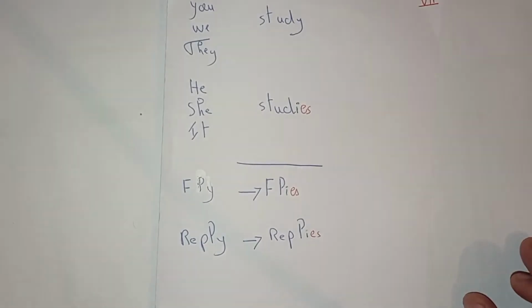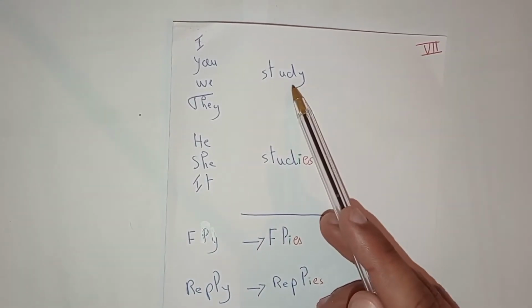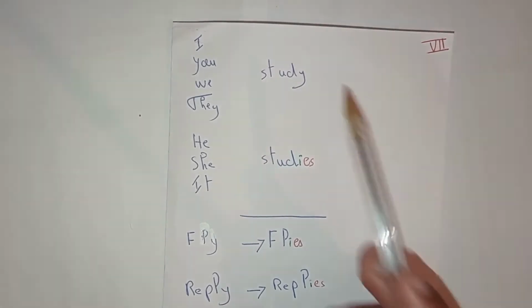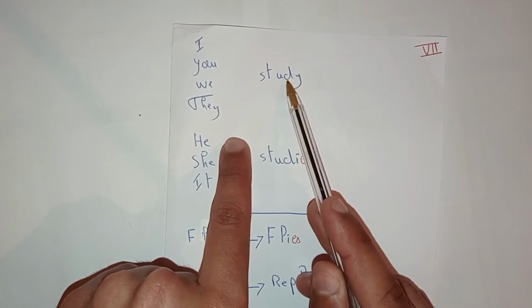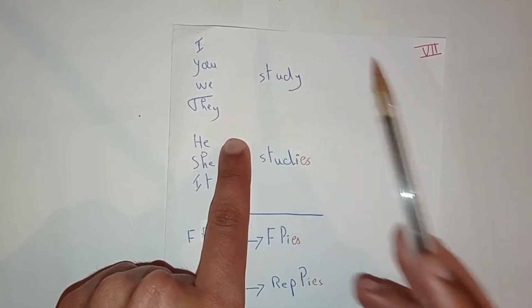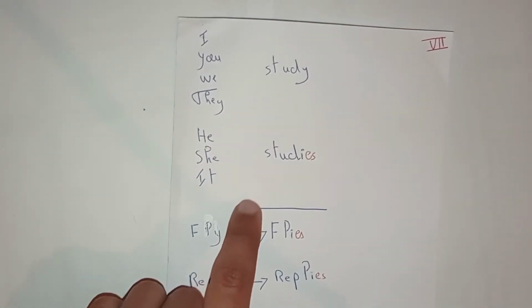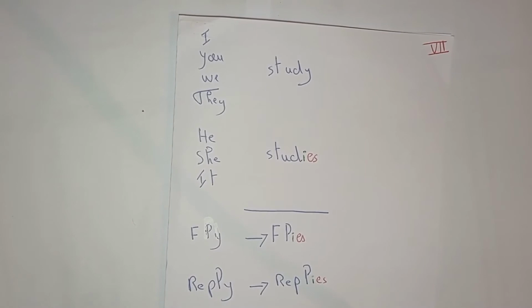Okay. Let's have one more spelling rule here. Okay? So here we have the example of a verb that ends in a consonant plus Y. Study. D is a consonant. In English, we have 26 letters.